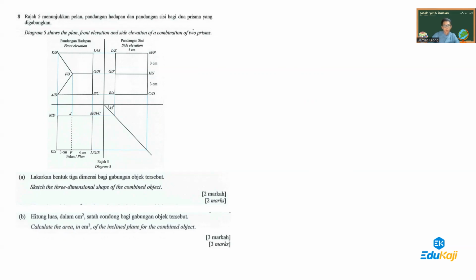When we draw back a three-dimensional shape, we can look at the front elevation first. This front elevation is basically what we can see in front. That's the most obvious part, and also the most exact part that will basically be the same as what we can see.